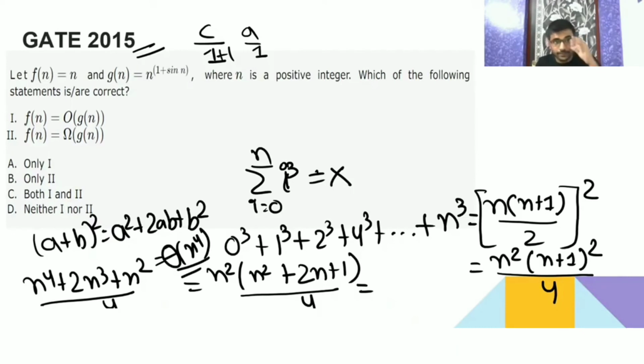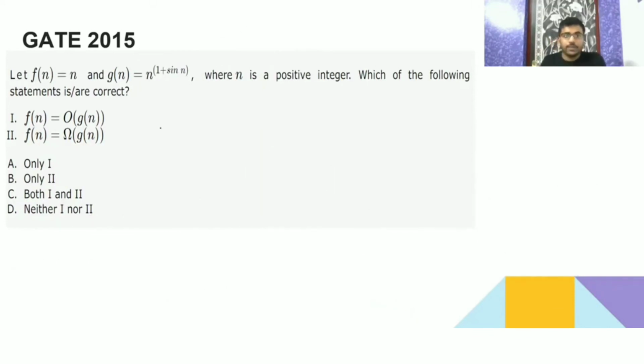Okay. Now see this one. Aman is saying C, I got two votes, and A I got one. Let me see the options. Which is the correct one? Now see. So f(n) is n and g(n) is n to the power 1 plus sin n. So this is a sine.